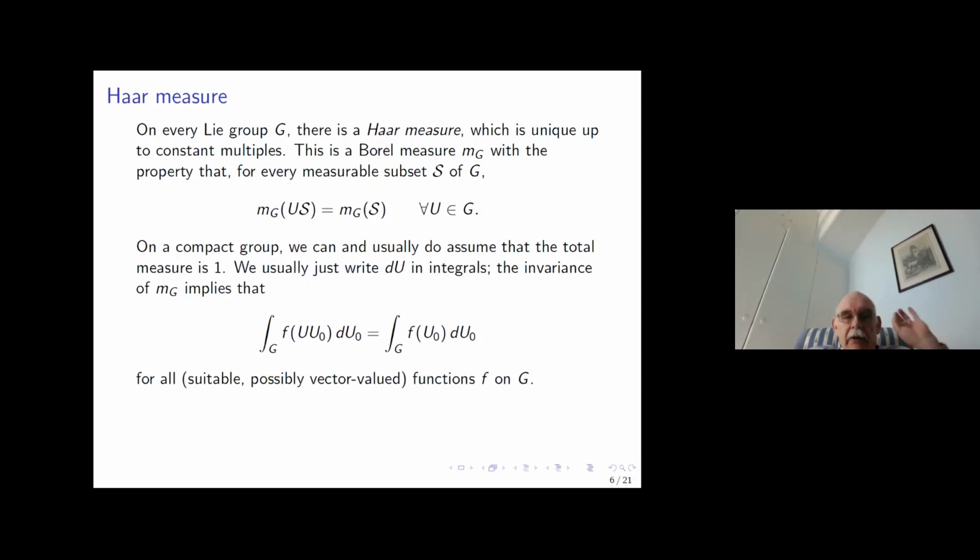So let me just say that there exists a general theorem. It's not too hard to prove, but it takes a while. And like many theorems in measure theory, it's a little bit long and complicated. So I'm just going to assume that this is true.